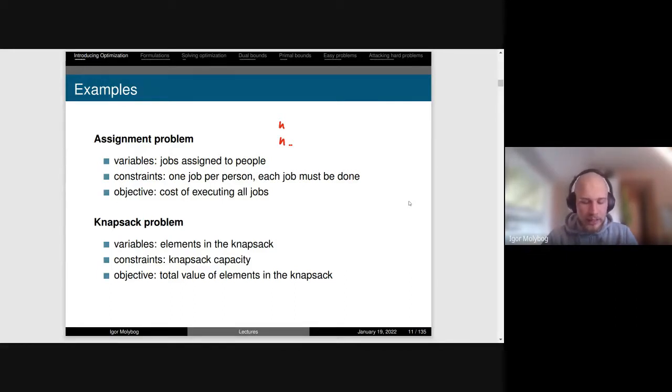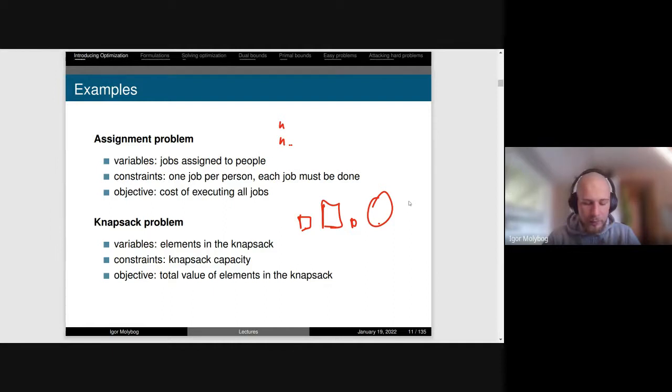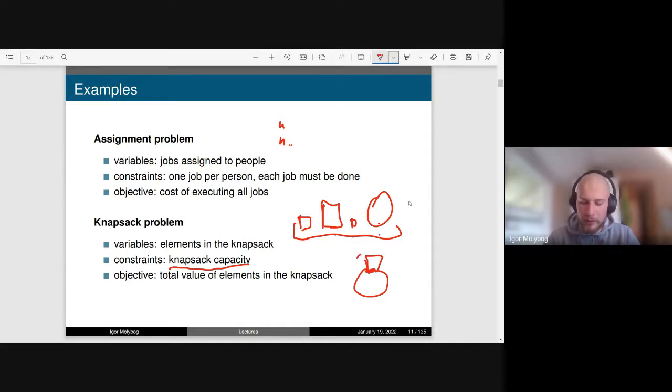The other problem is the knapsack problem, where we have items of different size and different values. Probably some of them are like water, then gold, then some food, and pictures. And we have a bag, an empty knapsack, essentially, that has a capacity, and we would like to decide which items to carry in the knapsack.